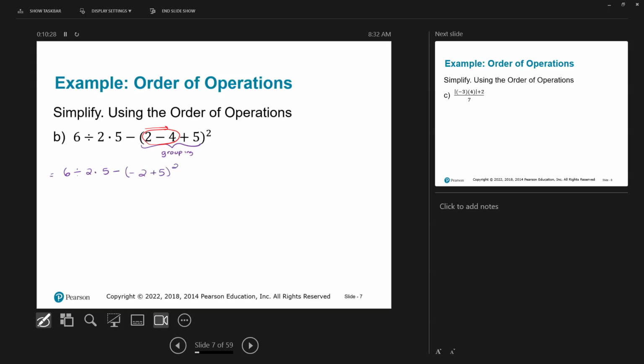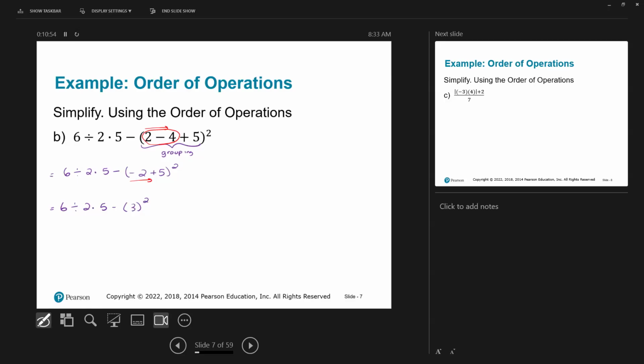And then we keep that squared. Like I said, we're still going left to right inside of the grouping. So now, once again, we're going to do this operator. So -2 plus 5. The -2 plus 5 is going to be 3.